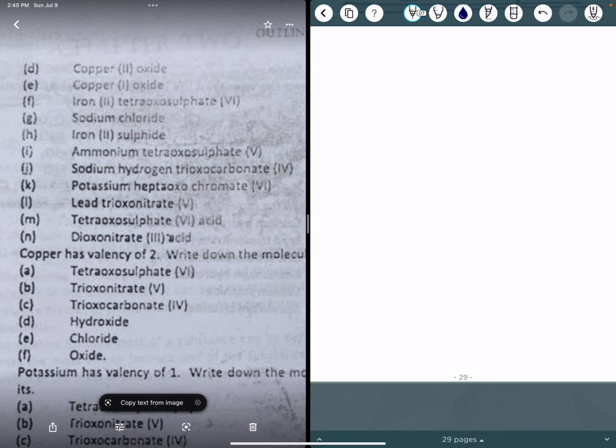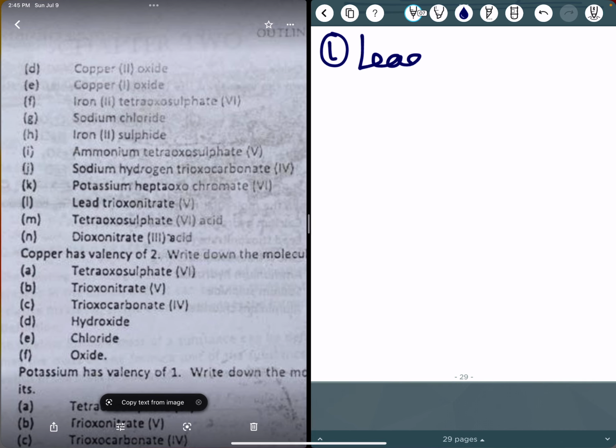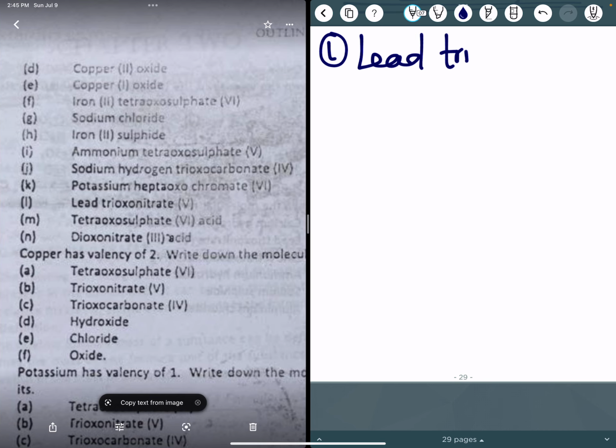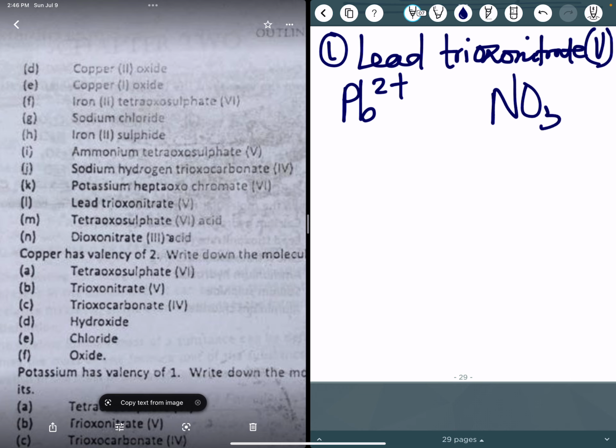Next one is L after K. L is lead trioxonitrate 5. Take note of the positive and negative part. Lead is Pb2+. Trioxonitrate 5 ion is NO3-. So this is the positive ion, this is the negative ion.